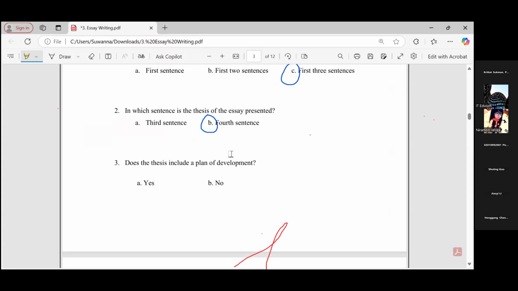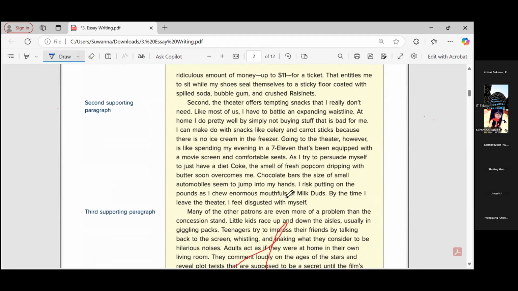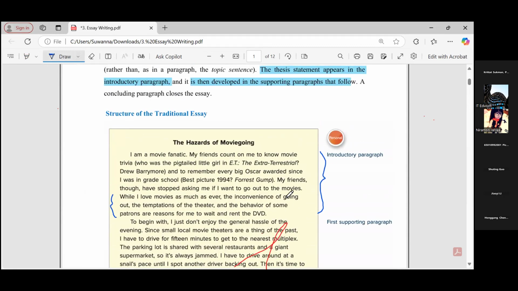Does this thesis include a plan of development? Yes, no. Does this essay include a plan of development? The answer is yes. Very good. How can I know this? Let me go back to this.